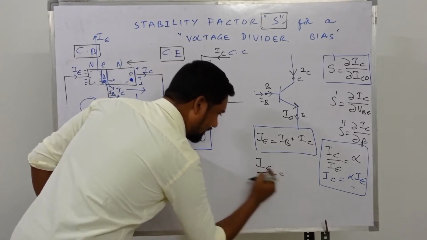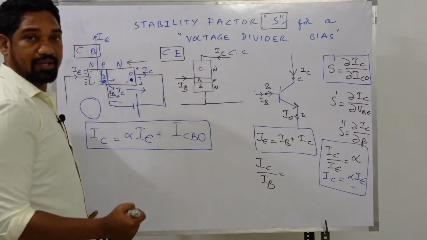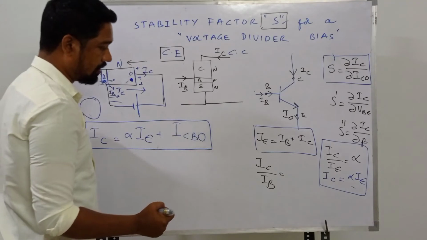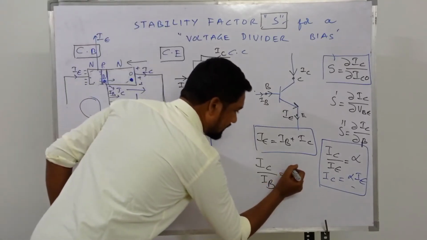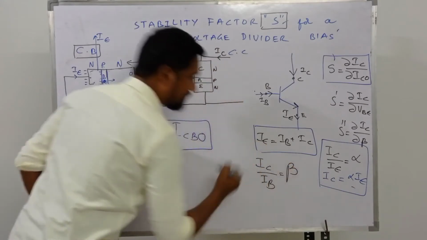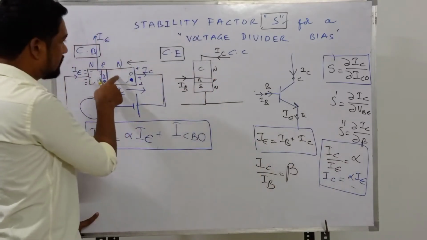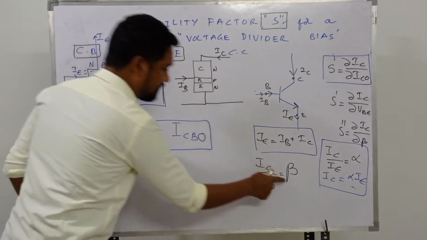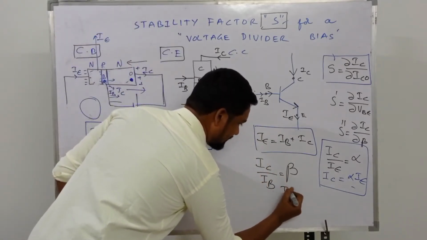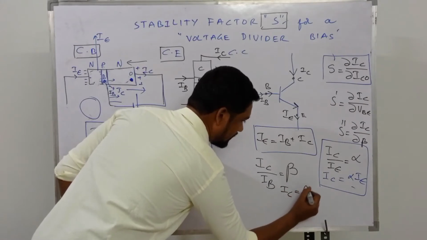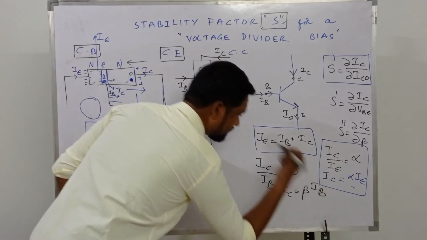So guys, it's a current gain, IC by IB, output current by input current, and the ratio is denoted with beta. The first one was alpha for that configuration, and for common emitter configuration it's beta. At times we will be in need of plugging in IC is equal to beta IB.